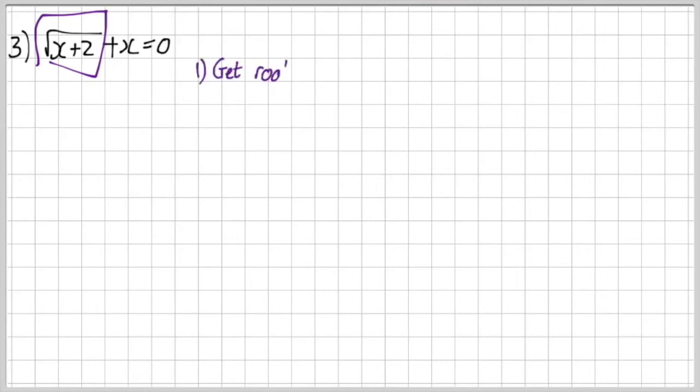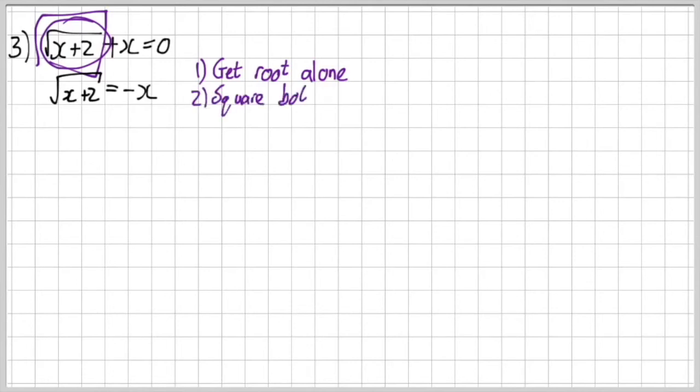So to get the surd alone, or the root, I'm going to take that plus x over, and it becomes negative x. Now, let me just write that a bit neater. Negative x. And then, step 2, I square both sides.